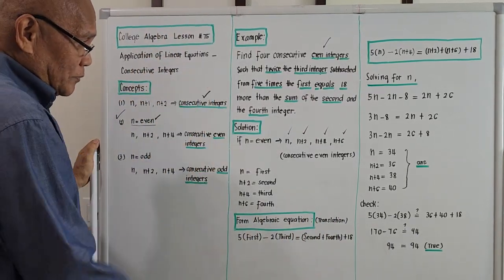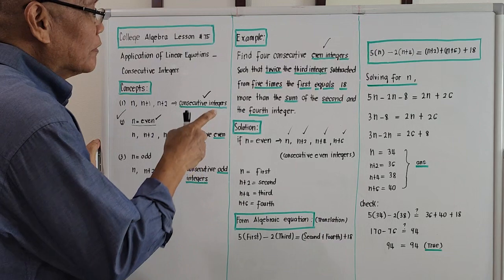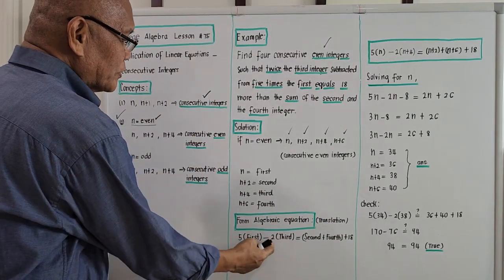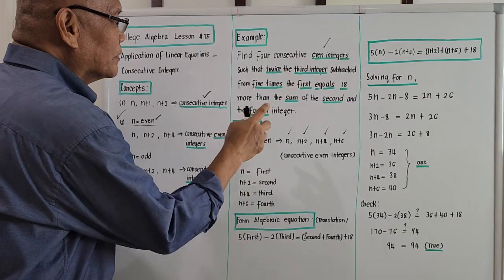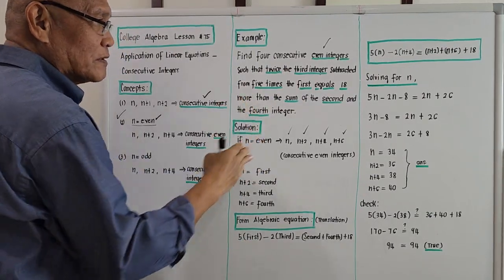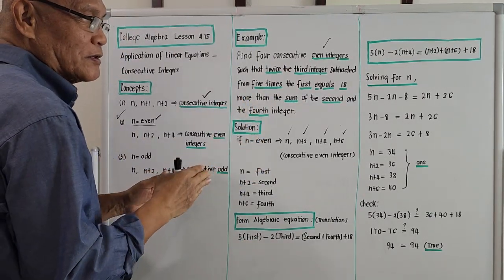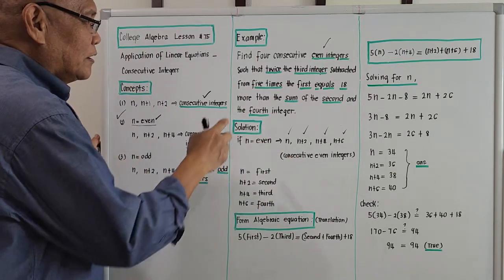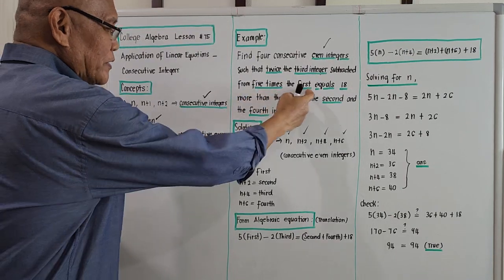According to the worded problem, twice the third subtracted from, okay, this number should be subtracted from, so there should be a number ahead of it, and that is 5 times the first.